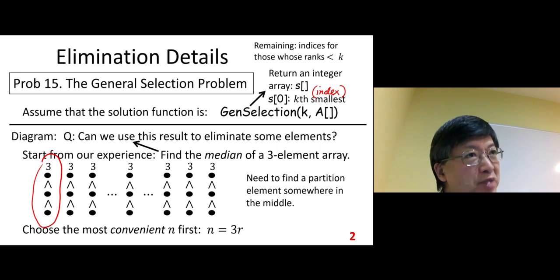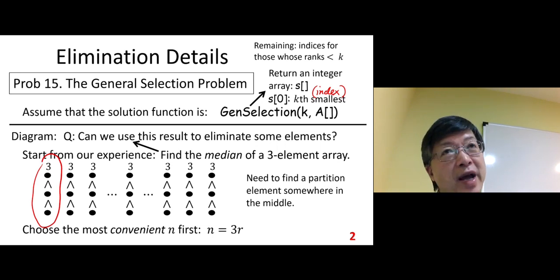Can we find its median? It's easy. How many comparisons do we need? Three, just like sorting. In this problem, sorting a 3-element array and finding its median use the same number of comparisons in the worst case. Remember that.